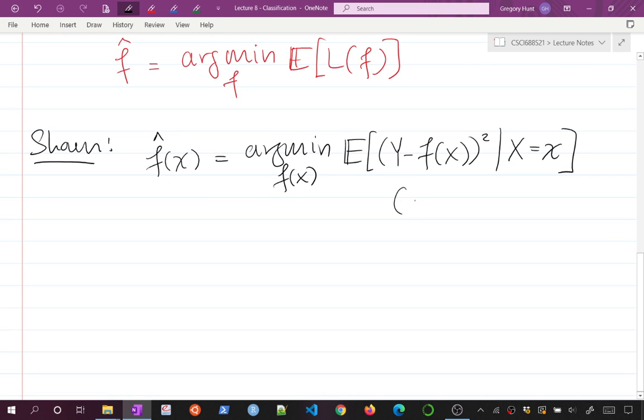So this was for squared loss. But if you go back to that proof and work through it, nothing up to this point actually depended on what my loss was. And so we could just say generically, this is L of f.